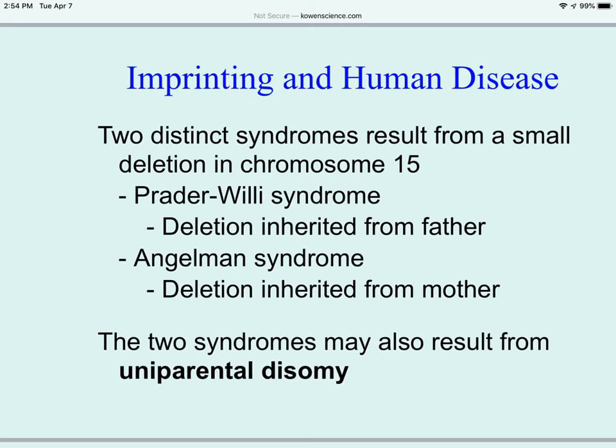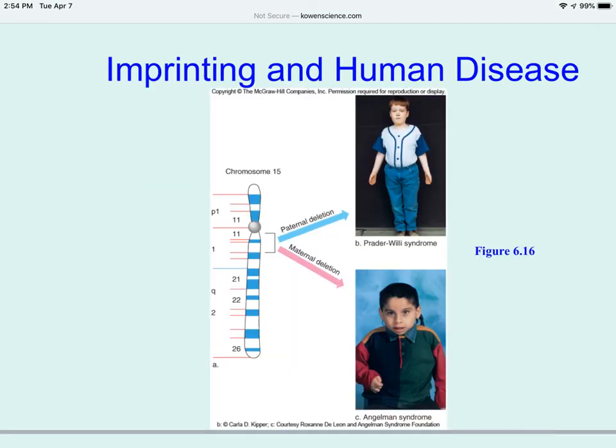So there are two different syndromes that are a result of a deletion in chromosome 15, but it depends on whether you receive the inherited gene from dad or from mom. This one right here is Prader-Willi syndrome, when you receive it from dad. And this right here is an individual that has Angelman syndrome, who received that particular chromosome from mom.